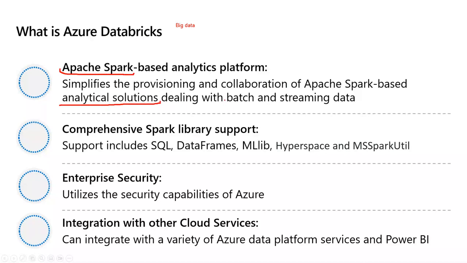And now we want to deal with our data with batch or streaming data. So again, I'm going to give you a quick crash explanation about batch and streaming data. Batch is, as it says, a batch, a group of data waiting to be processed.